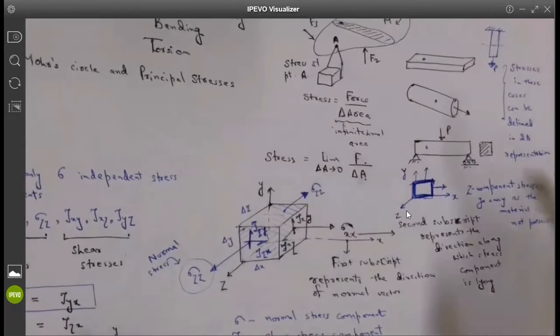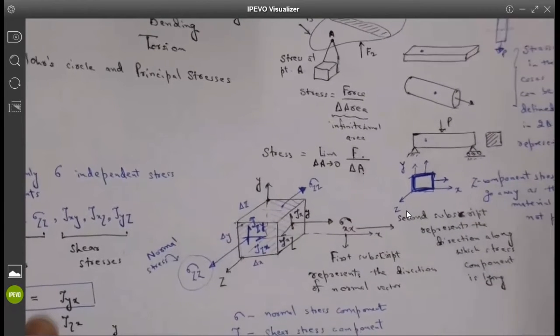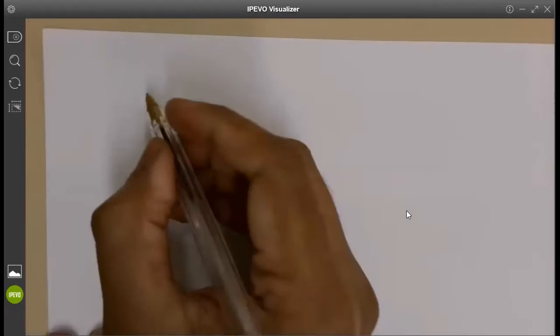So in this scenario, we only have a two-dimensional representation. Let me write it down again.